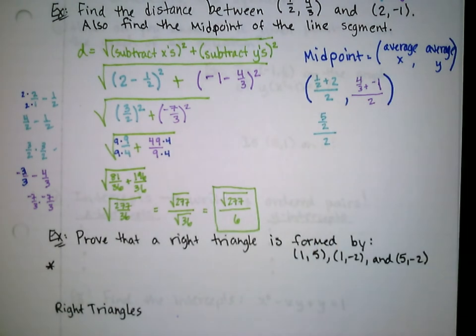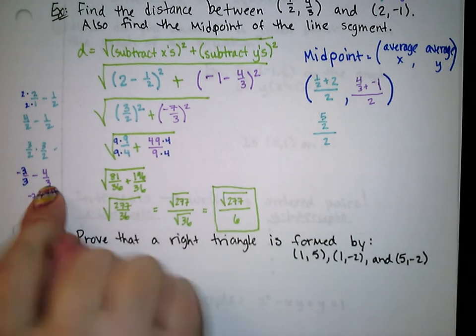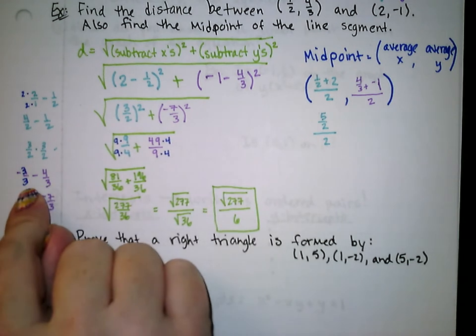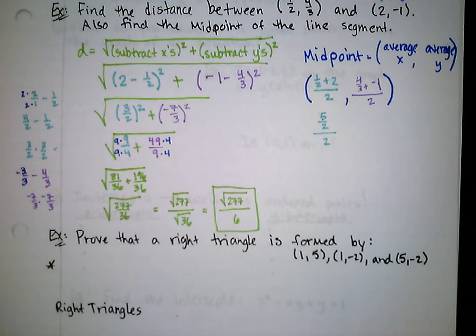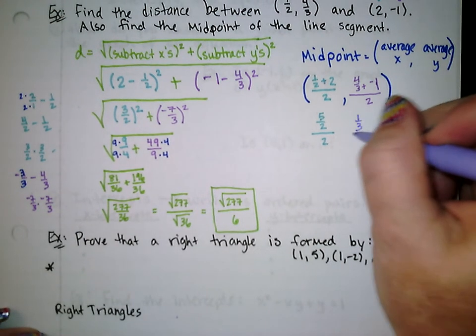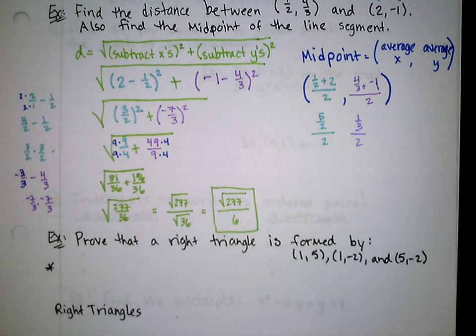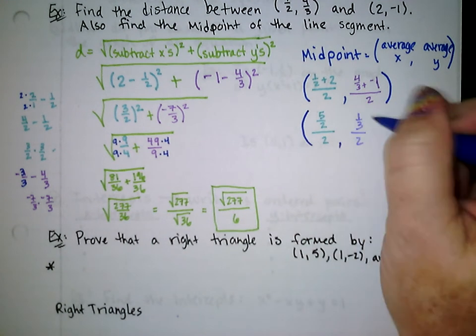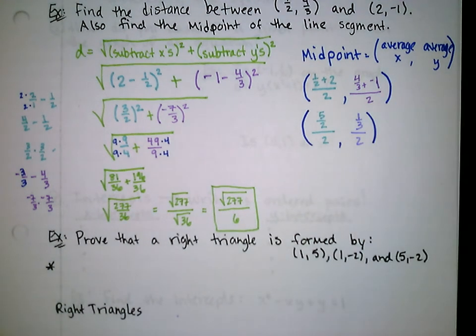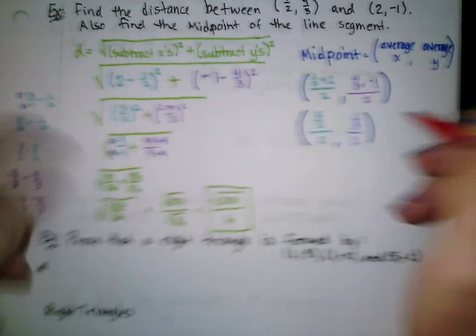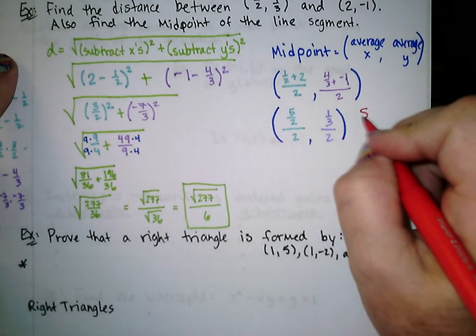And then 4/3 plus -3/3 will end up being 1/3 over 2. Now here we have something that I like to call stacky fractions. I think they're called complex fractions, but I call them stacky fractions. And we have a strategy for working with stacky fractions.